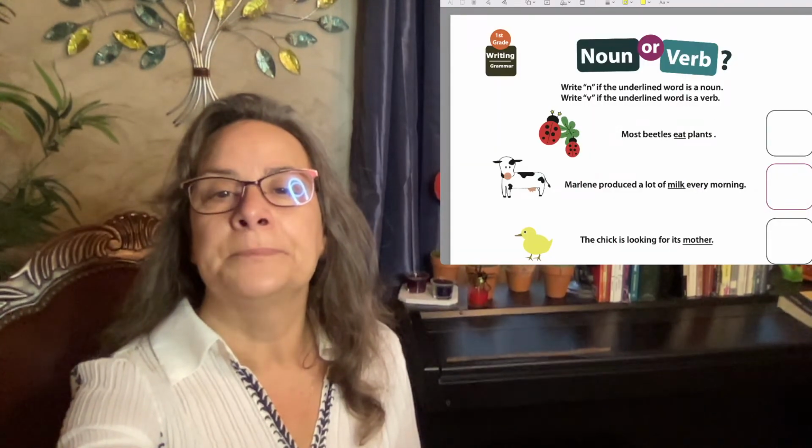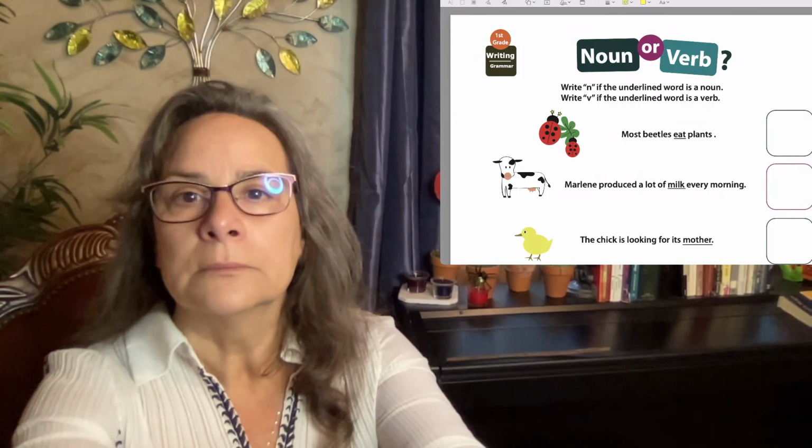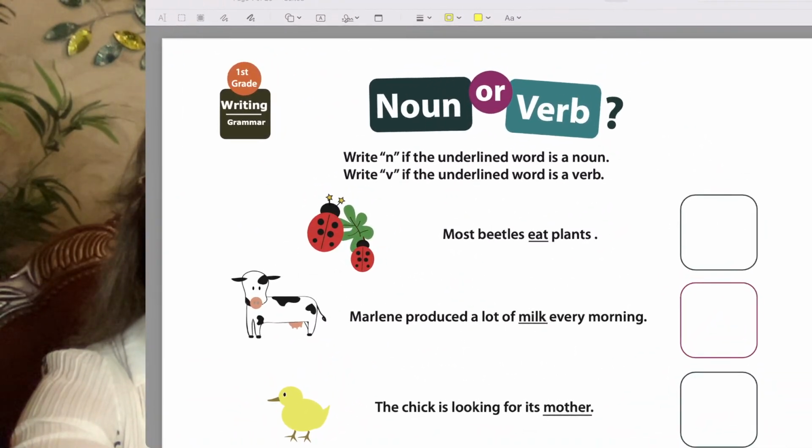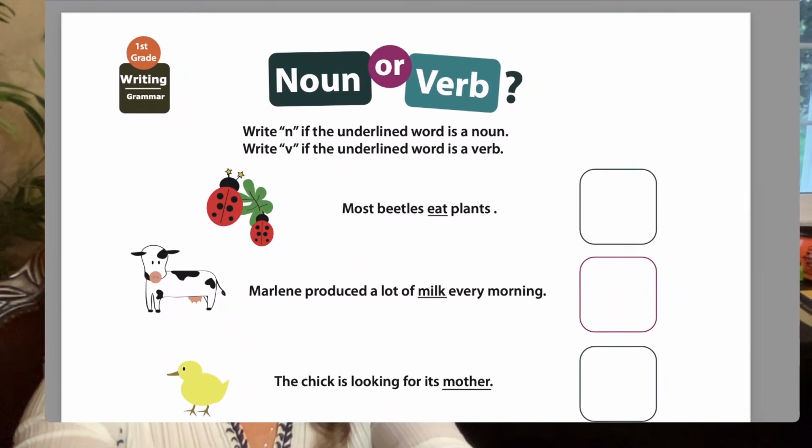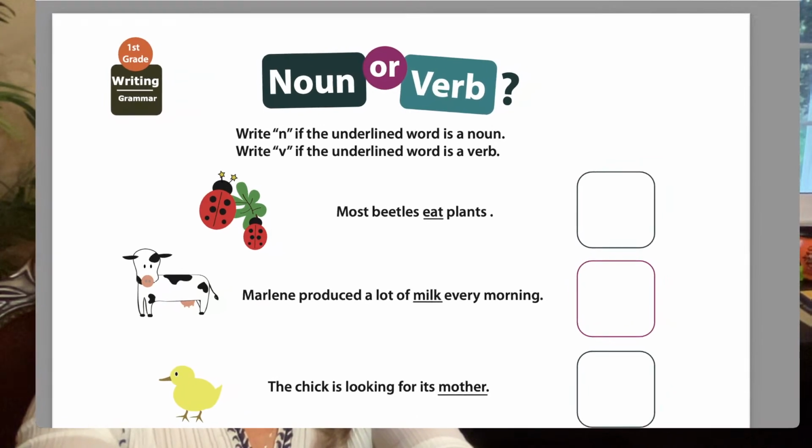So let me add, I'm going to change this preview. Oops, there, maybe you should see it. Okay, now we're starting with nouns or verbs, and we looked at this before.